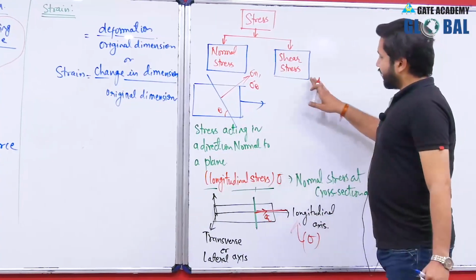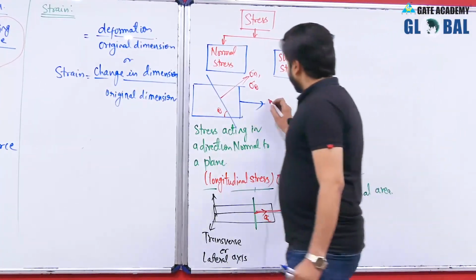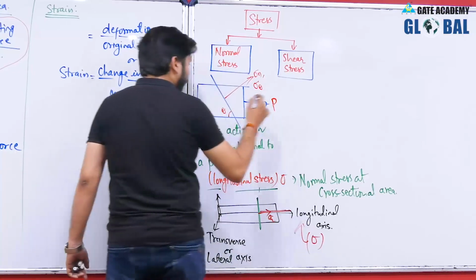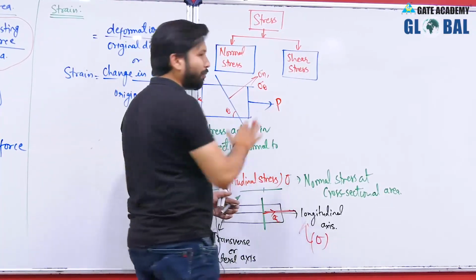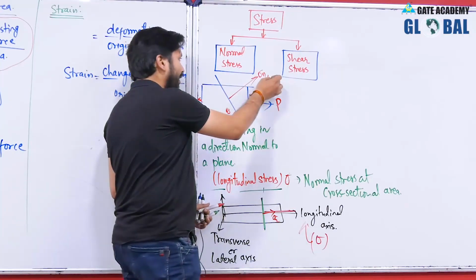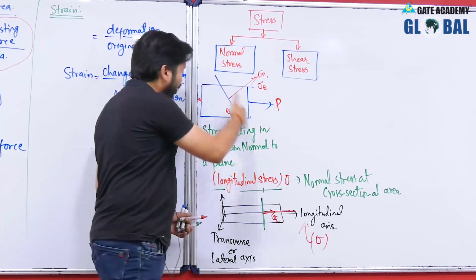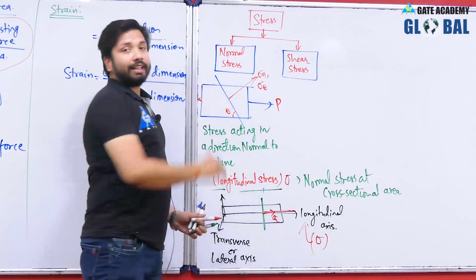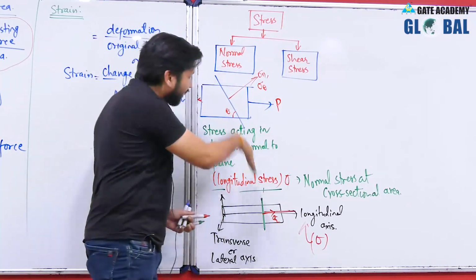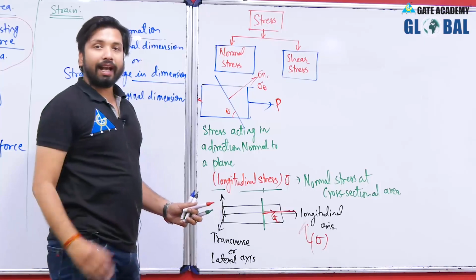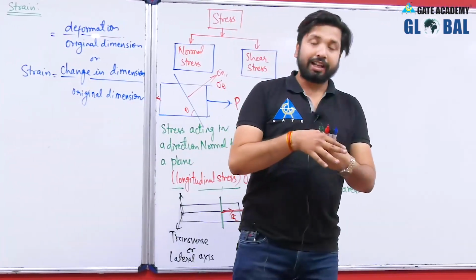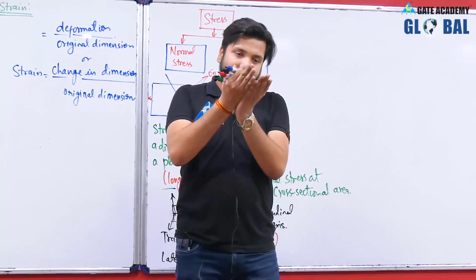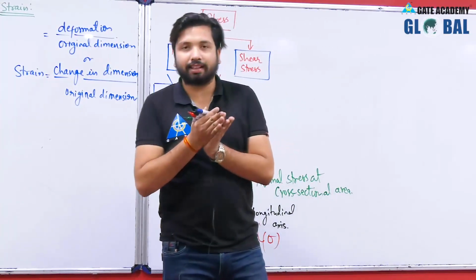Now shear stress. So, if there is an external load which is acting in this direction, then at any plane you can see that there will be 2 components of the forces. One component of force will be normal to the plane, which will be causing the normal stress, and another will be parallel, that means tangential to the plane, and that will be causing shear stress, okay. So, shear stress will take place if 2 planes are trying to move relative with respect to each other, okay.